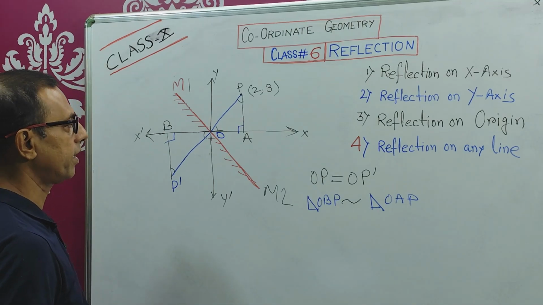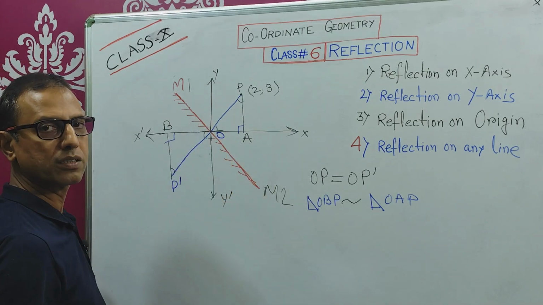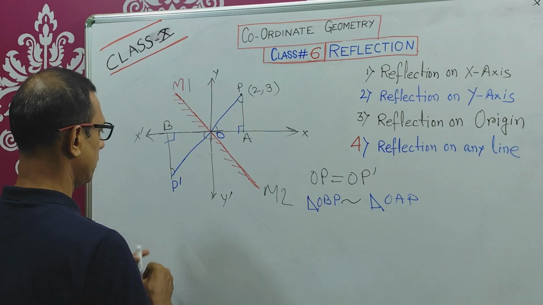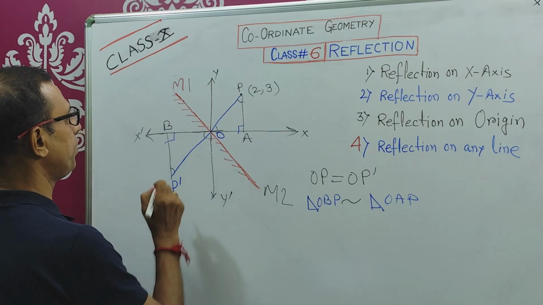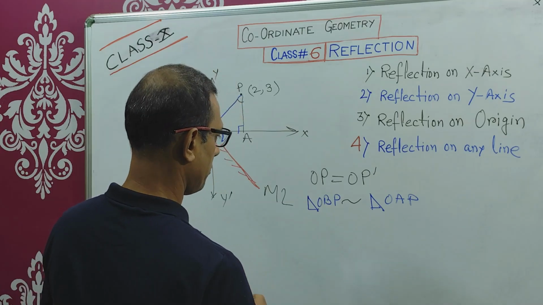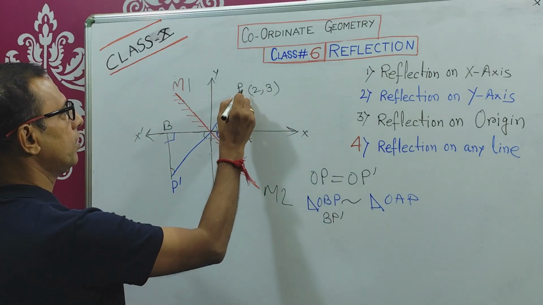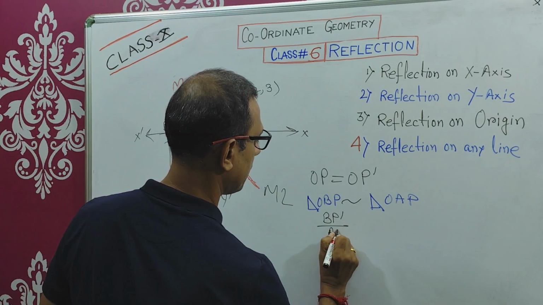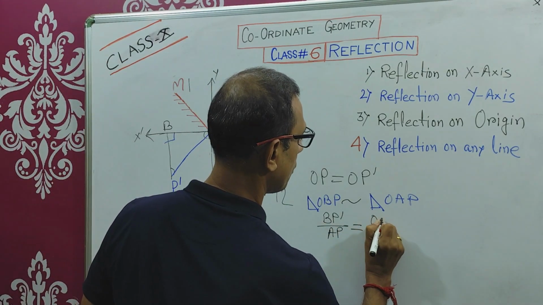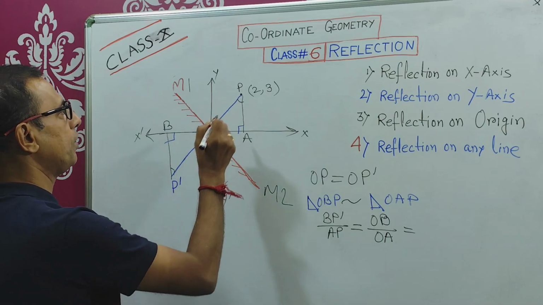If these two are similar triangles, then the ratio of the corresponding sides will be equal. That means for OBP dot and OAP, BP dot by AP equals OB by OA equals OP dot by OP.